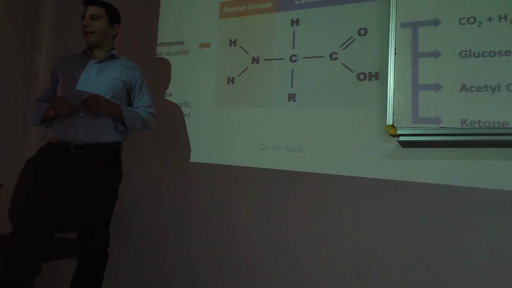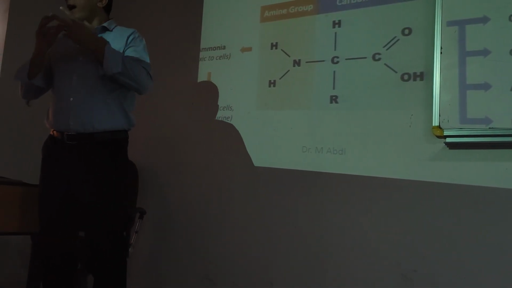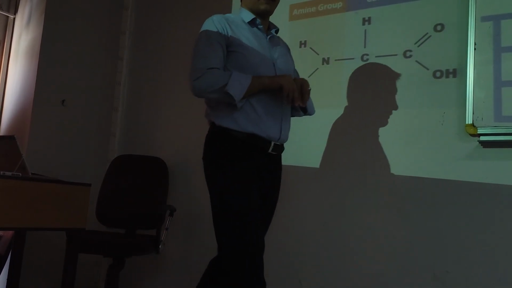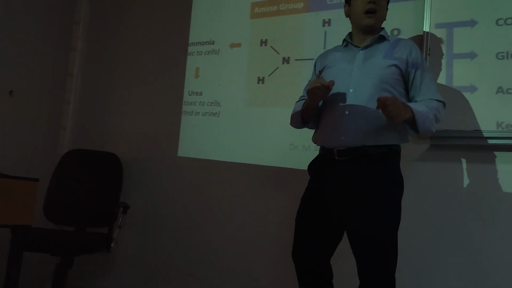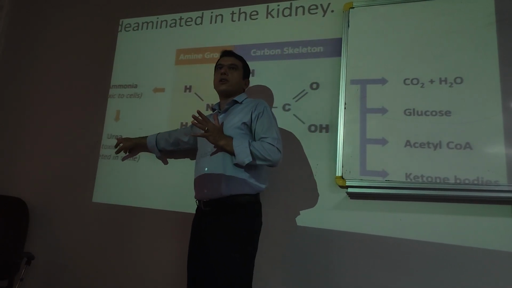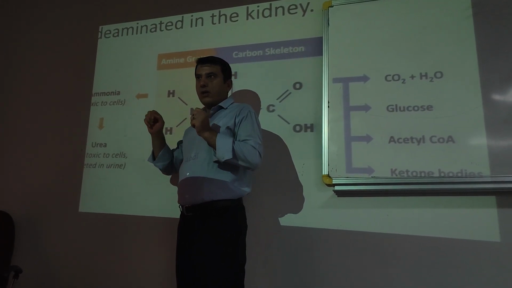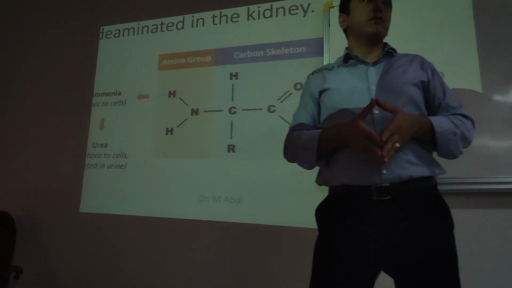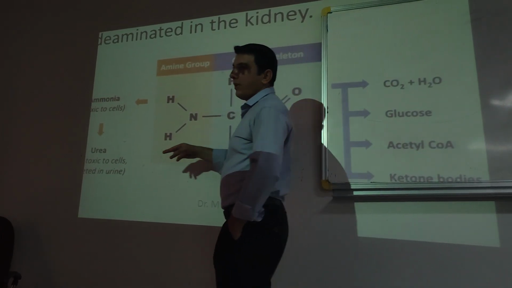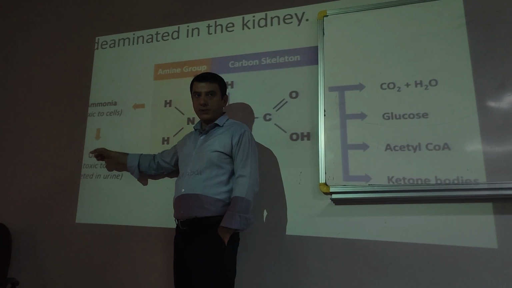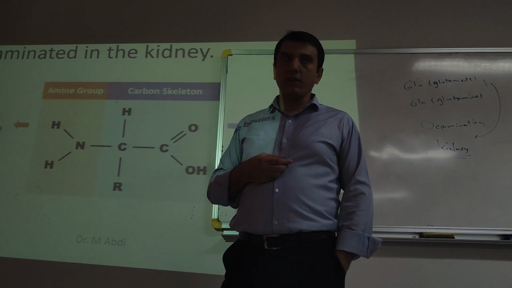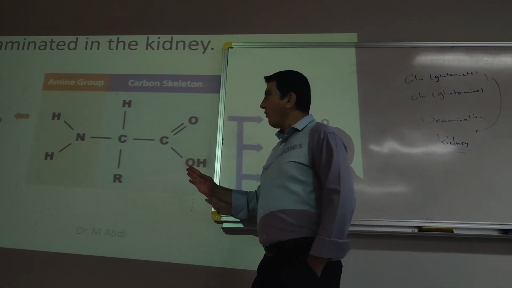So if I ask you what the excretion product of protein or amino acid is, you can tell me that it is urea. Proteins will be removed from our body as urea. Do you understand? Very good.